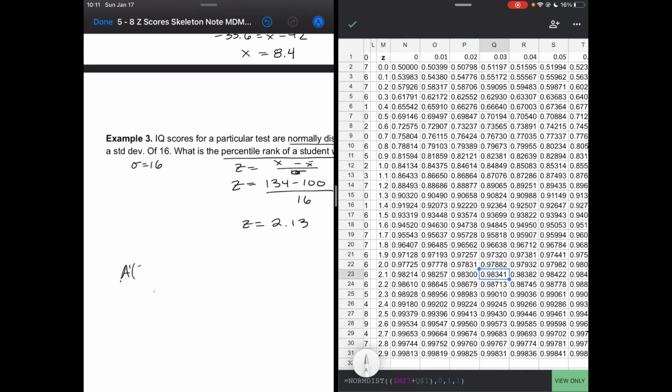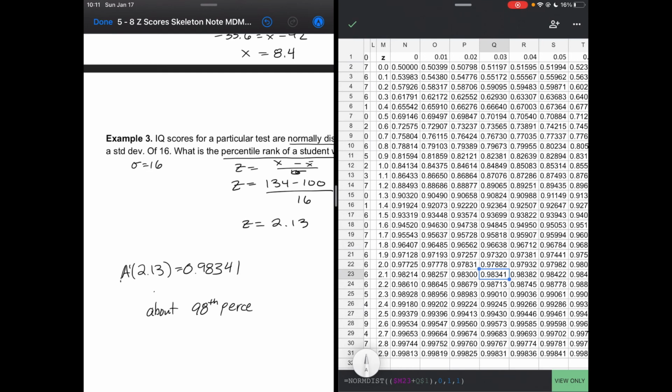Using our z table, we find that that represents 0.98341, or about the 98th percentile.